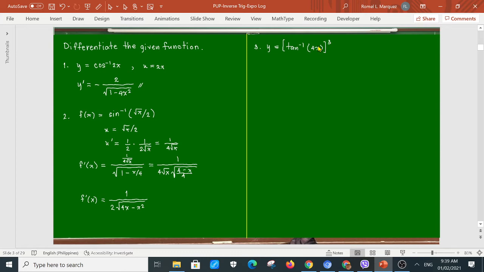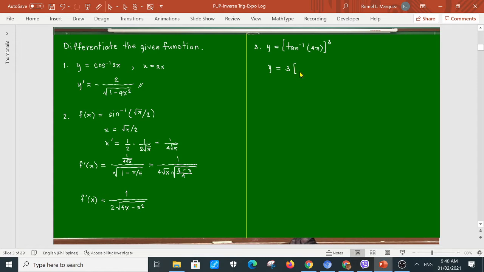So here we cannot directly apply the derivative of inverse tangent because there is an exponent 3 on the inverse. So we're going to consider first this as a general power. Drop the exponent, copy the base.